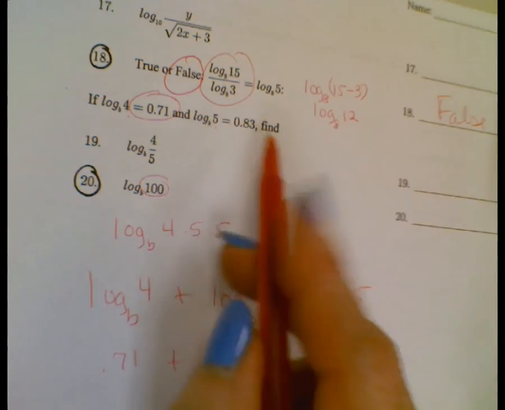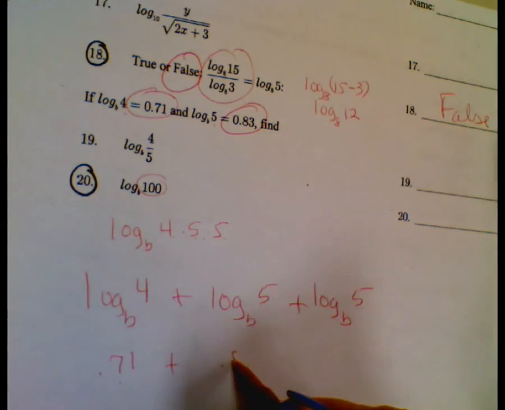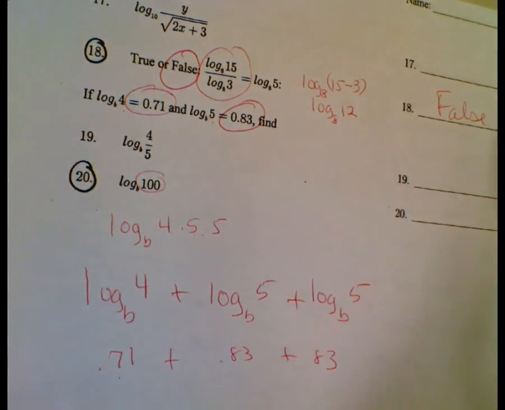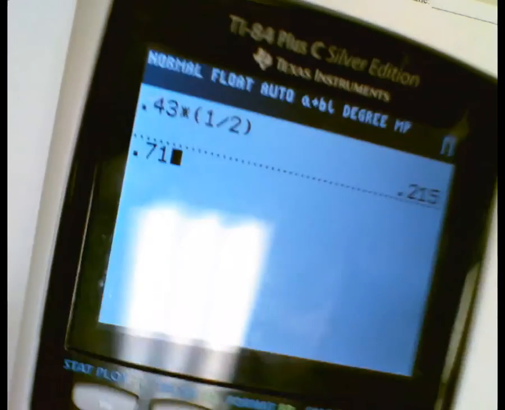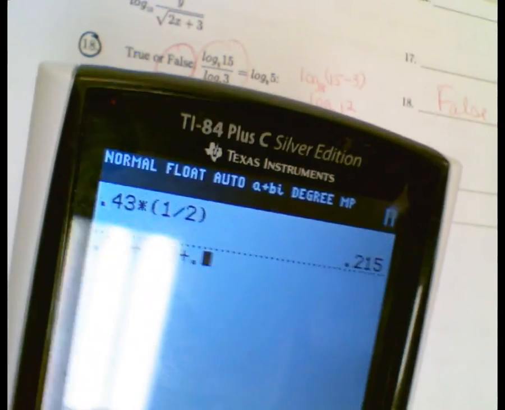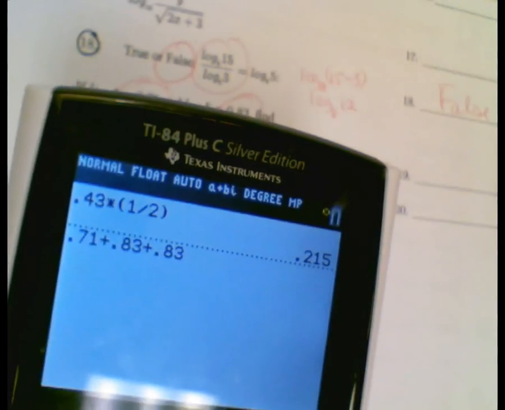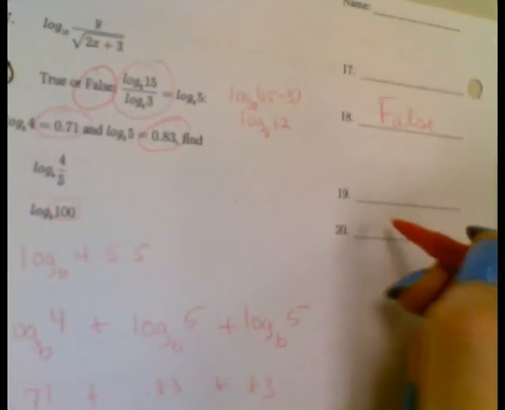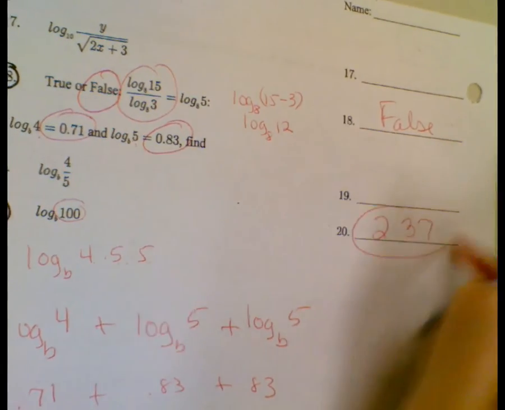Log base b of 5 is right here, 0.83. Borrow a calculator if you have to. The answer is 0.71 plus 0.83 plus 0.83. Answer, 2.37. And your homework's done.